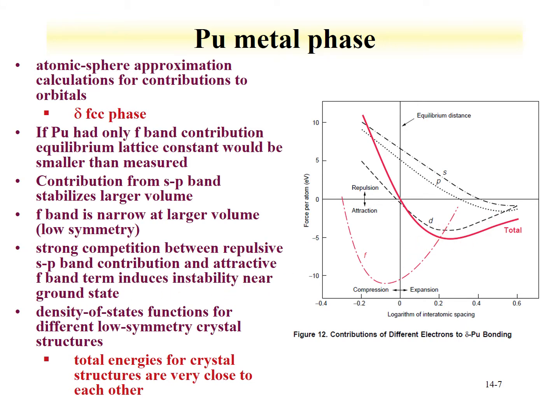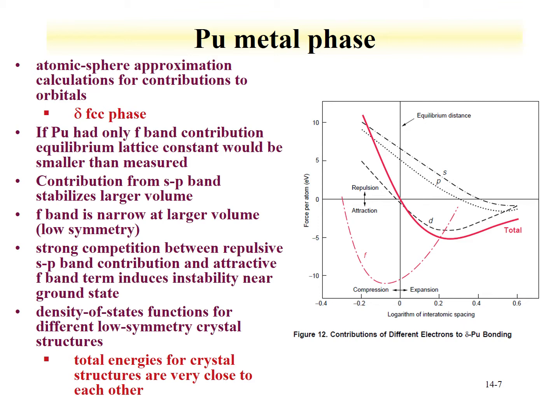One of the manifestations of this instability is that the density of states functions are different for the low symmetry crystal structures. What that really means is that the total energies of the crystals are close to each other, close enough that they can be accessed by heating the metal or by applying temperature.